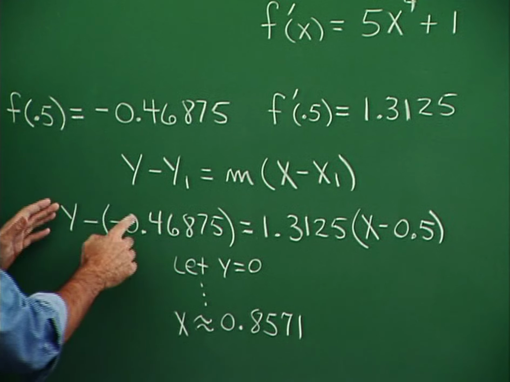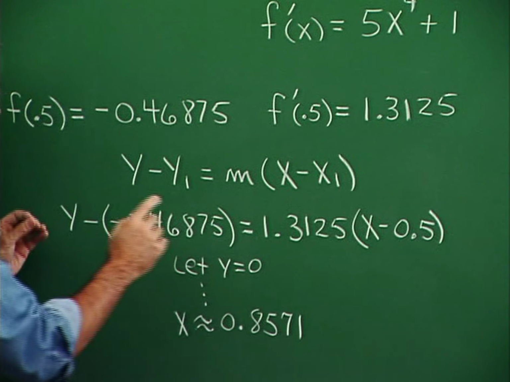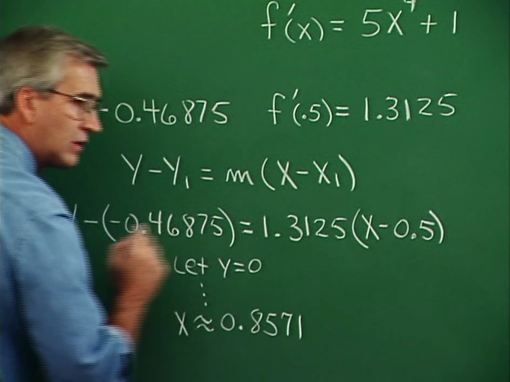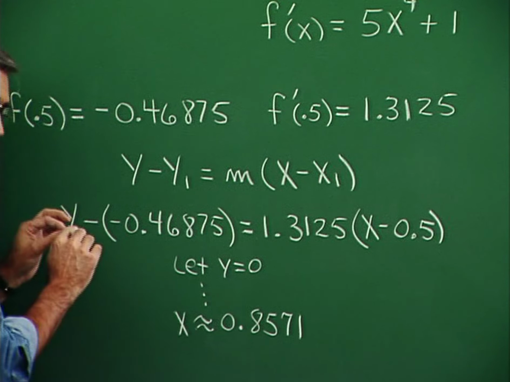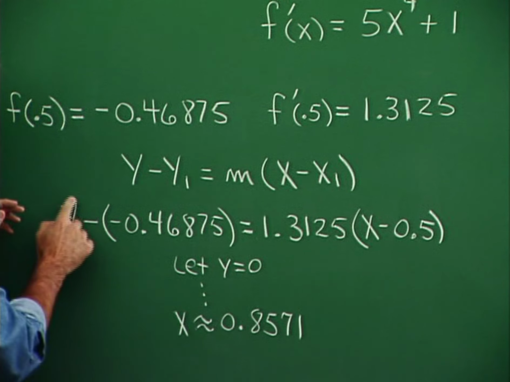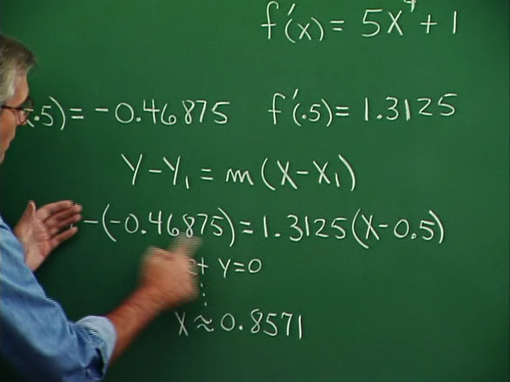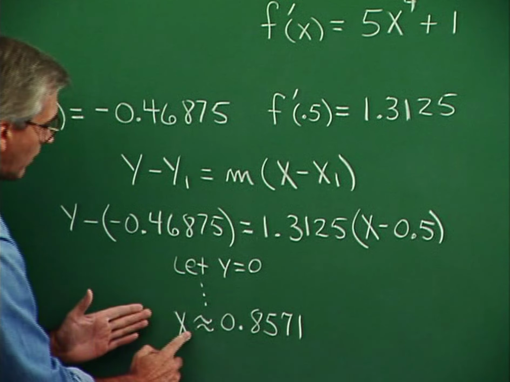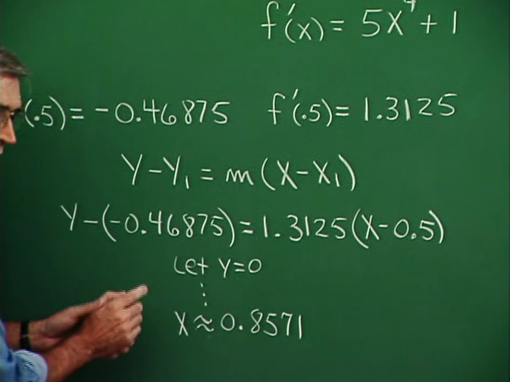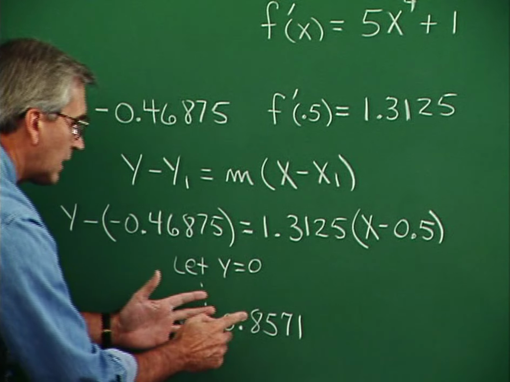Now, in order for us to take this equation and find the x-intercept for the graph of this line, all we do to find that x-intercept is let y be 0. So letting y take on the value 0 and solving this for x, we would find x to be approximately this value, 0.8571. Now, graphically, here's what we're doing.